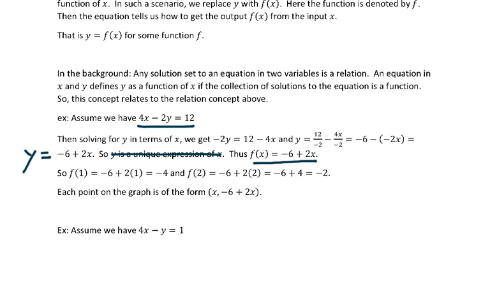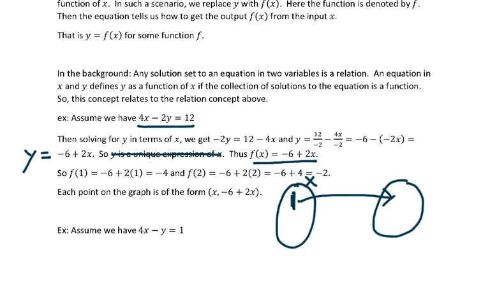And again, this tells us how we get each output from each input. So for instance, if we take x to be 1 as our input, if I were to go back to almost like a correspondence diagram, 1 as our input, then our corresponding output would be f of 1, which from here is just negative 4. Let me just make this circle a little bit better.